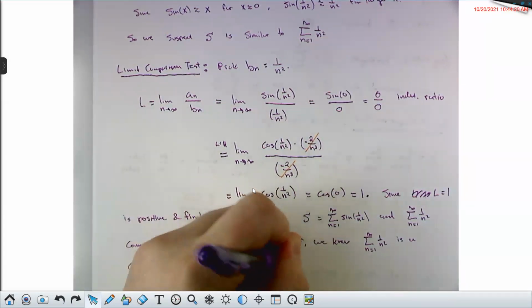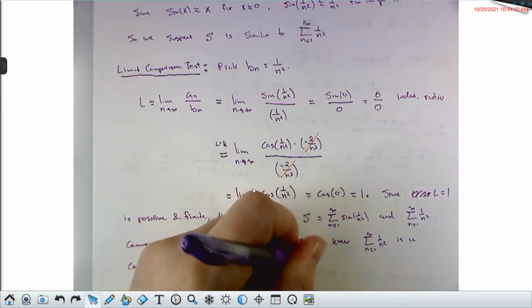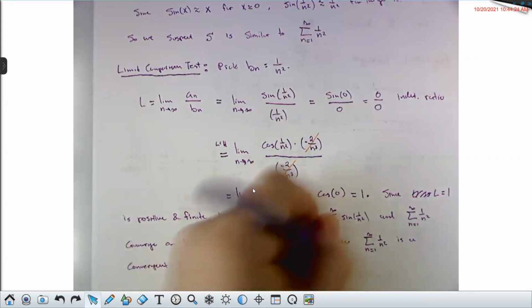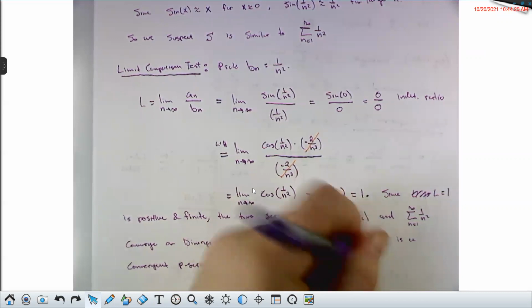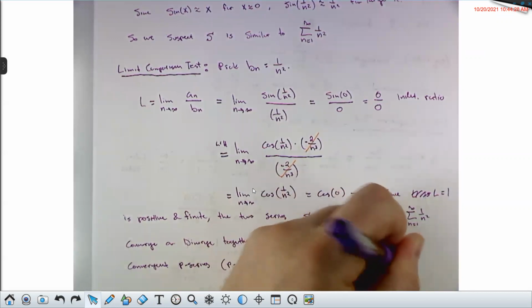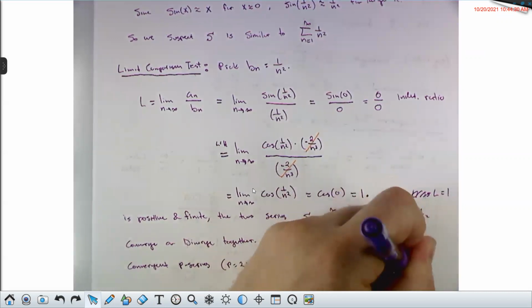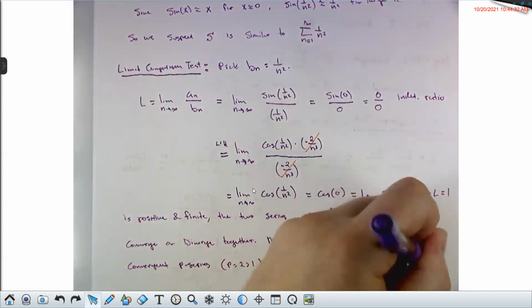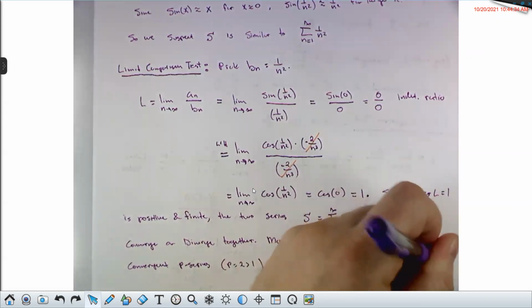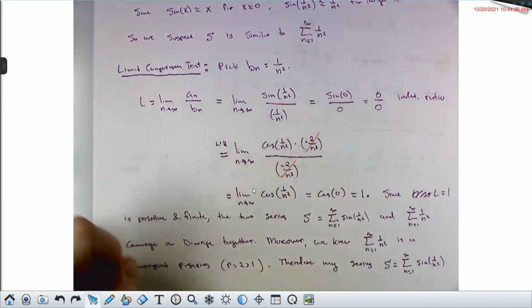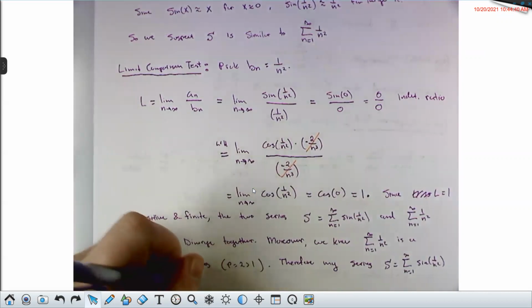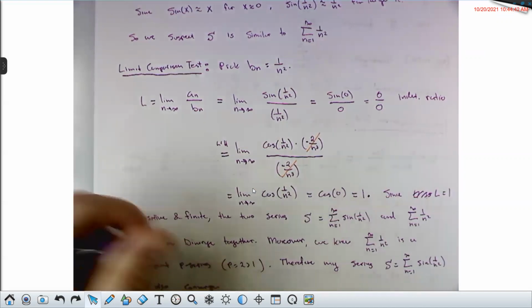Therefore, my series S equals sigma n from 1 to infinity sine of 1 over n squared must also converge.